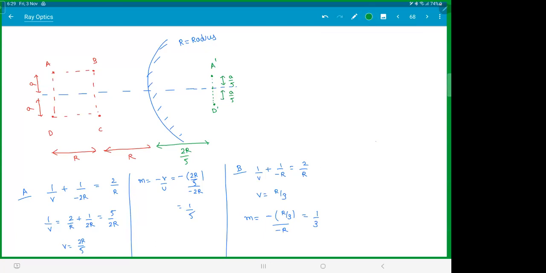So this image will form at R by 3 from here. With the magnification, it is here, B dash. This distance is A by 3. Similarly, there's a point below also, C dash, that is also A by 3.